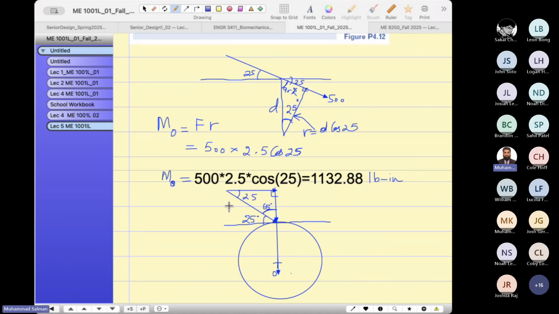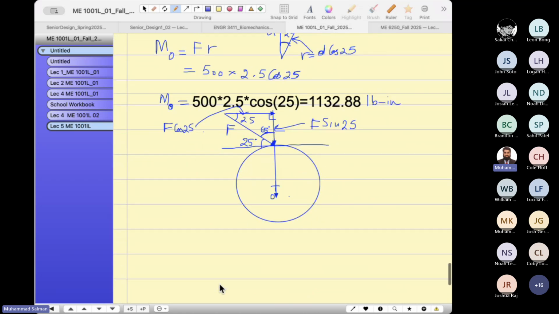Now, guys, if this is F, what is this side equal to? F sine 25. Agreed. And what is this side equal to? This is equal to F cosine 25. So let's do the moment about point O. By the way, what is F? If you do the math, what do you get?